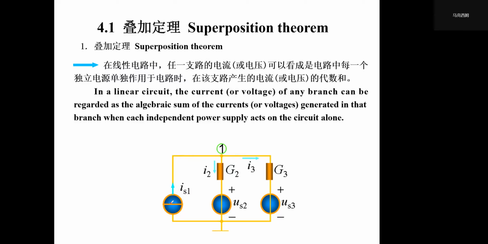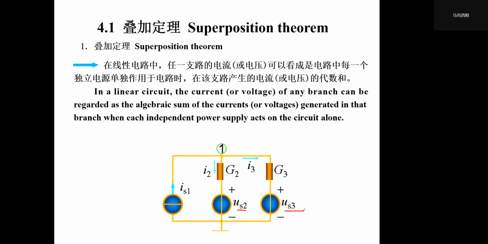and the first branch current is equal to the value of the current source. In the second branch and the third branch, we have branch currents I2 and I3.